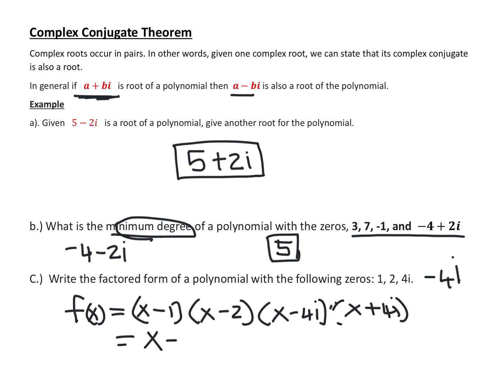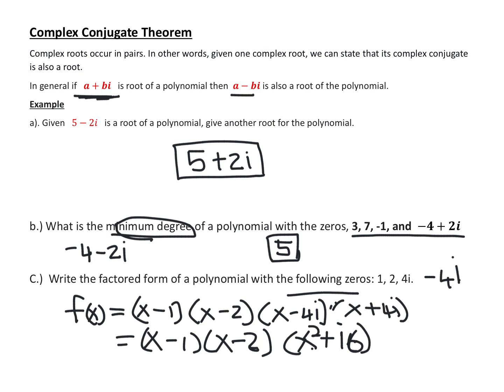So x minus 1, x minus 2, and then when I FOIL these last ones, I'm going to get x squared plus 16.